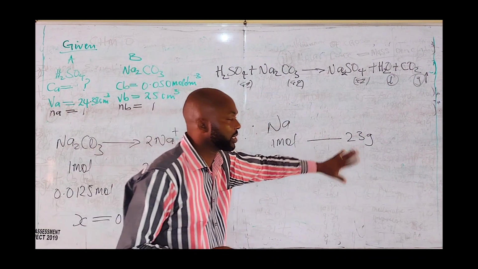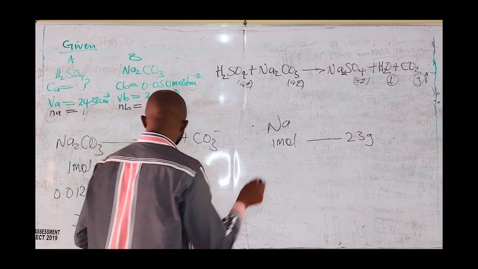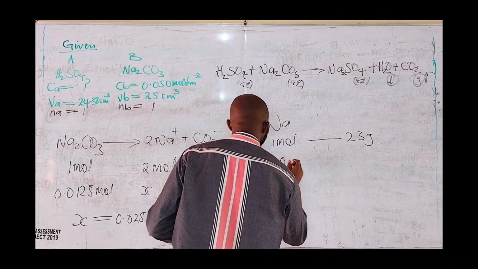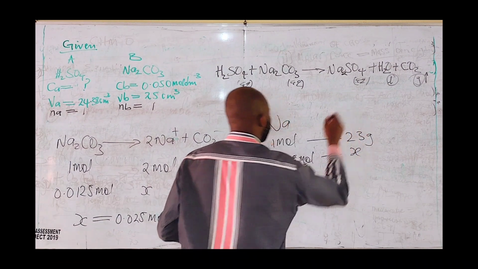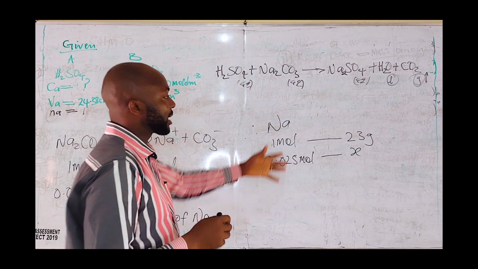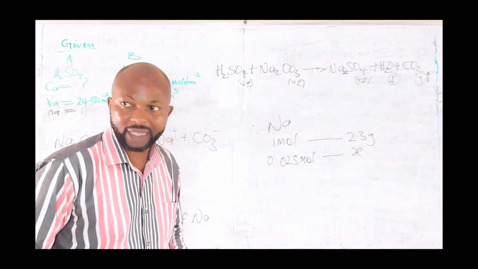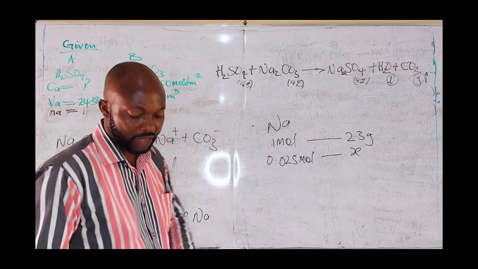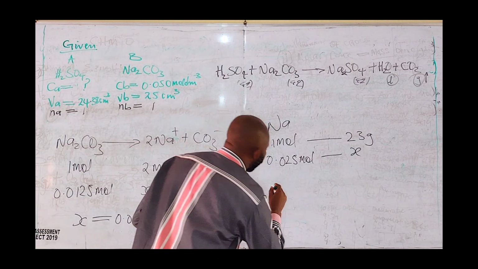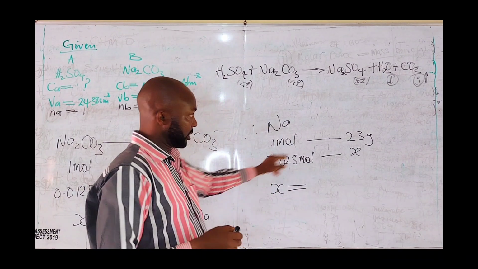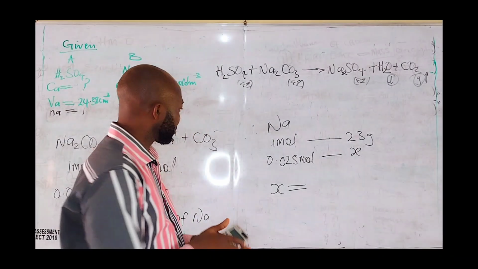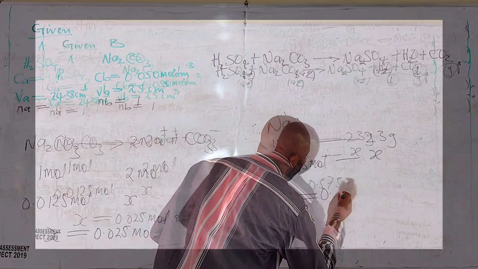Therefore, 0.025 mole is equivalent to X. So whatever we get for X is our mass. So I will proceed as usual to say my X is equal to this times that, 0.575 grams.